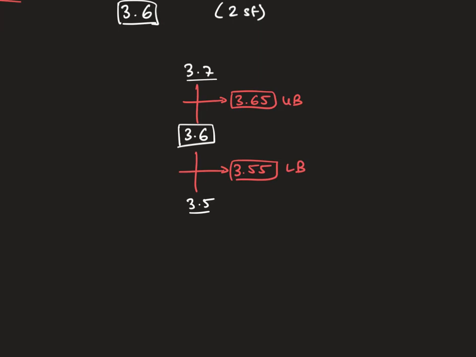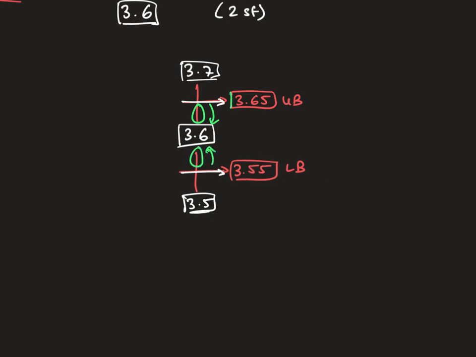So one of the easiest ways to find your upper and lower bound is to find the next number above it, and the next one below, and halfway between the two of those will be your upper and lower bounds. Because of course, everything in this section would have rounded down to 3.6, and everything in this section would have rounded up to 3.6.